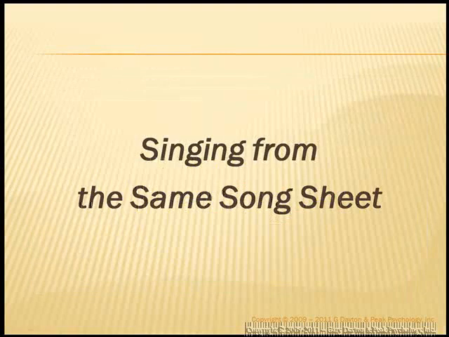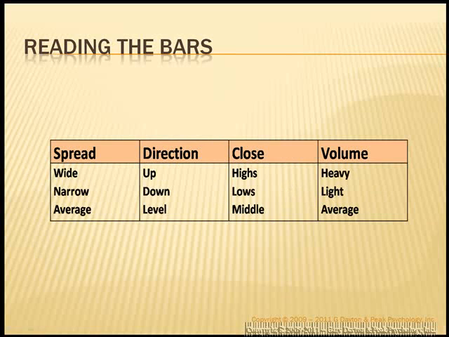All right, good question. So let's all sing from the same song sheet, and that's what this next section is about. It's about reading price bars and about reading volume. When you break it down, you look at 4 things, and there are basically 3 or 4 elements to each of these categories.